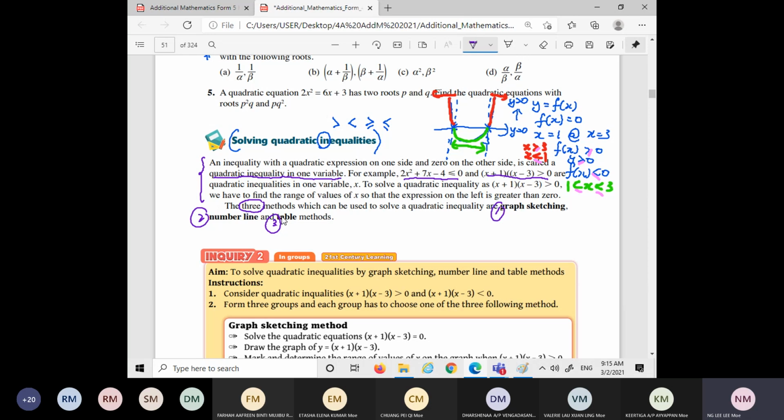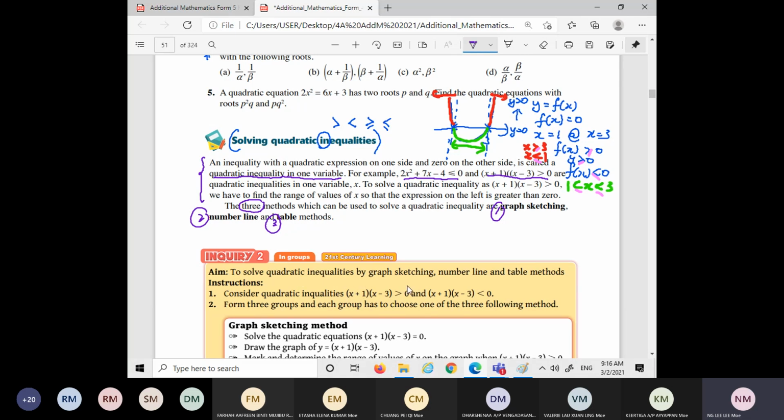I will show you all three methods, and you have to know all three, because when we do the exercises, I will tell you which questions you have to use which methods. Although in your textbook they didn't give such strict instructions, I will fix which question you use which method. So we'll start with these questions.